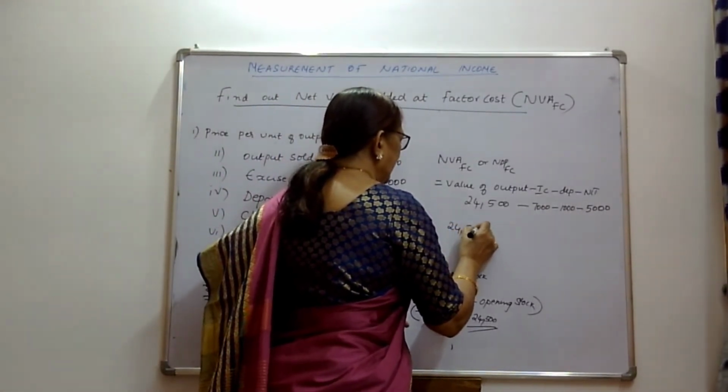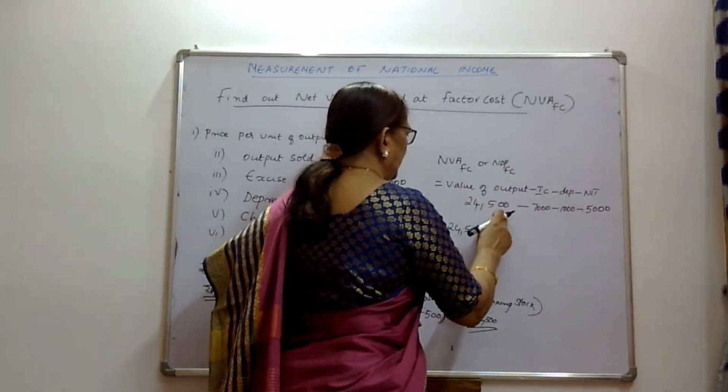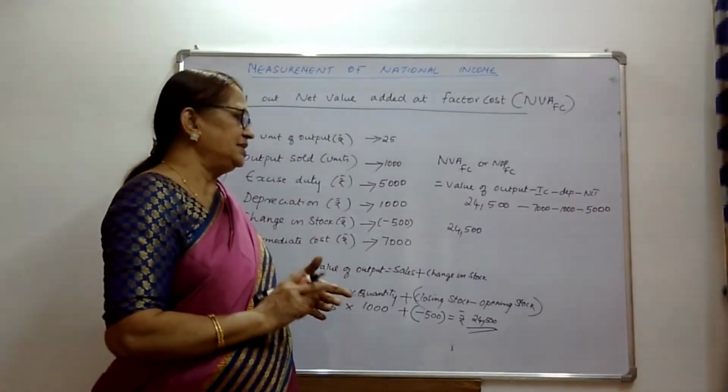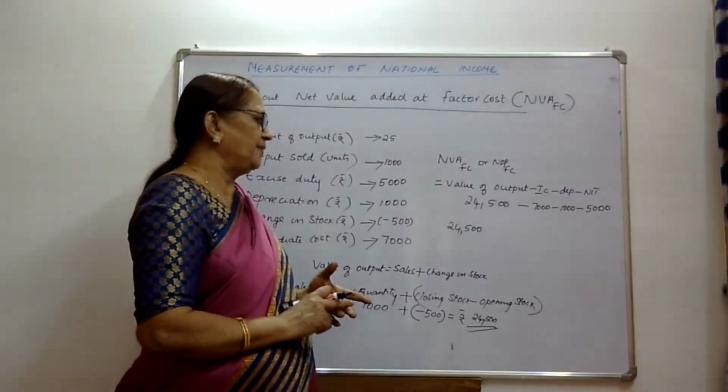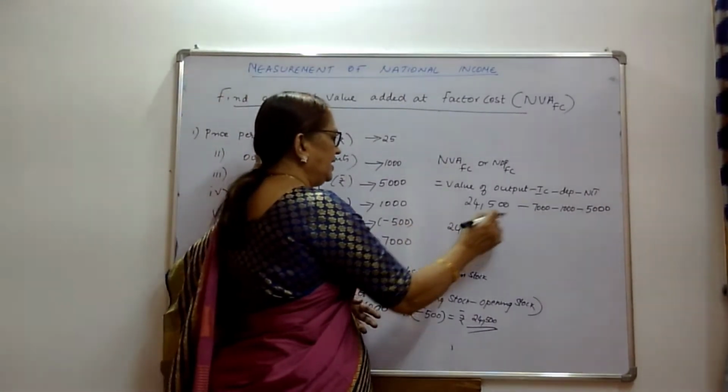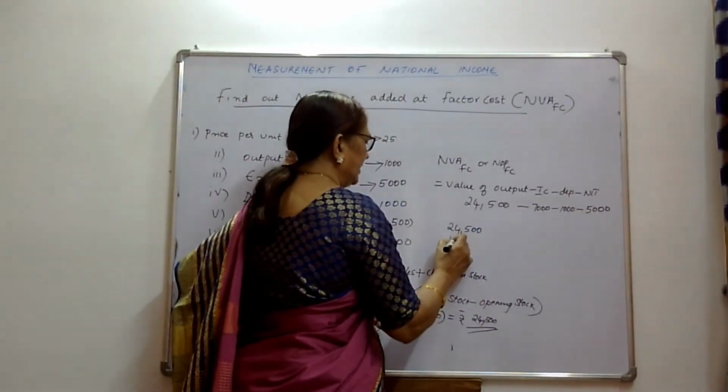If we are doing separately, 24,500 minus 7,000, we are getting GDP at market price, minus 1,000. That way we can do, or we can total this and deduct it.